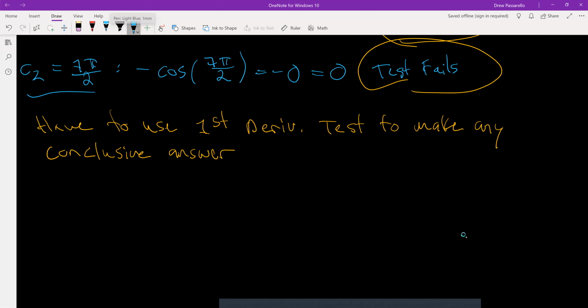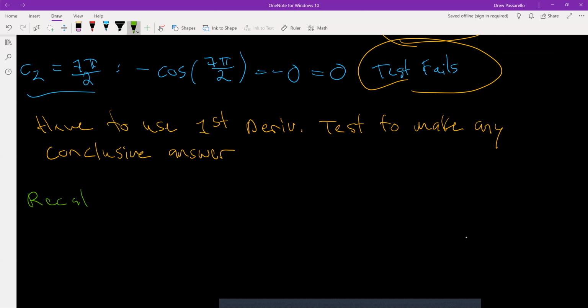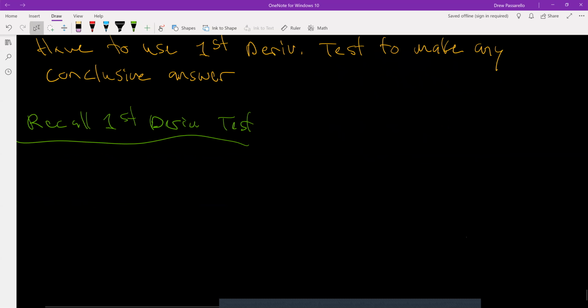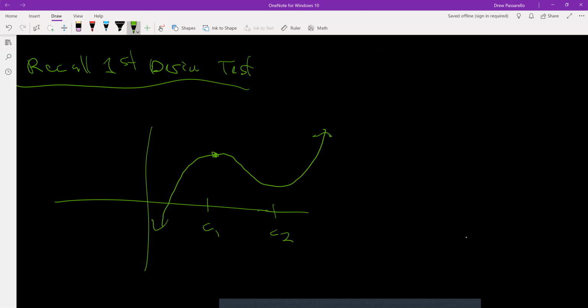So that's why we're going to use the first derivative test. So for the first derivative test, just hypothetically, let's say we have this as our graph, and then this is C1, and then this is C2.